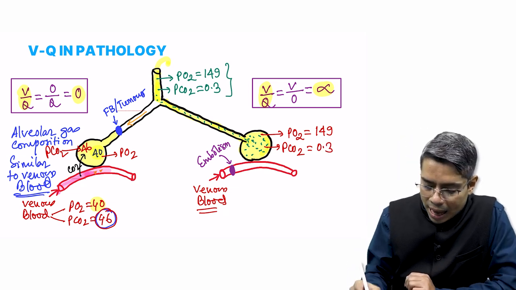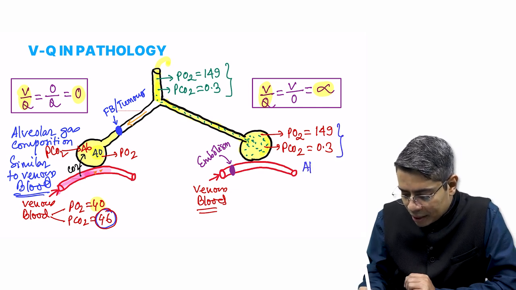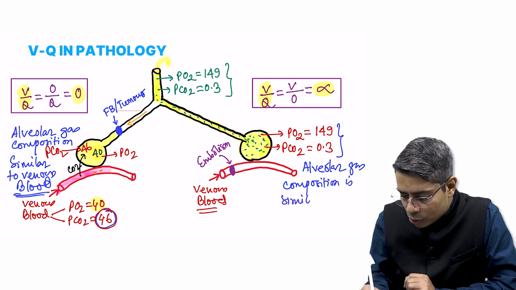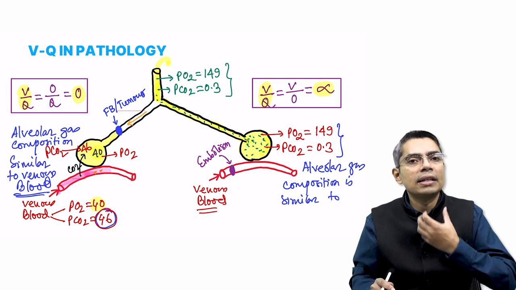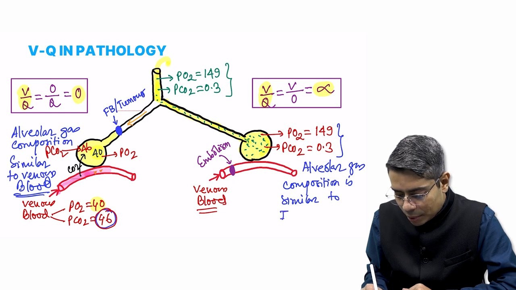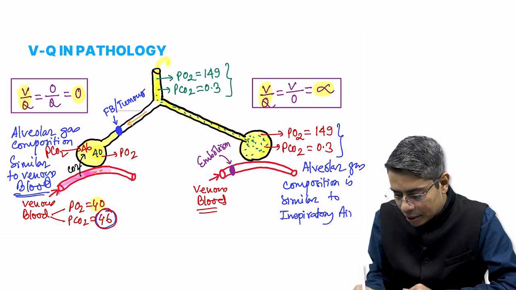Means the alveolar gas composition is similar to the conducting region of air. Conducting region of air is also known as the inspiratory air. So this is similar to the inspiratory air composition.